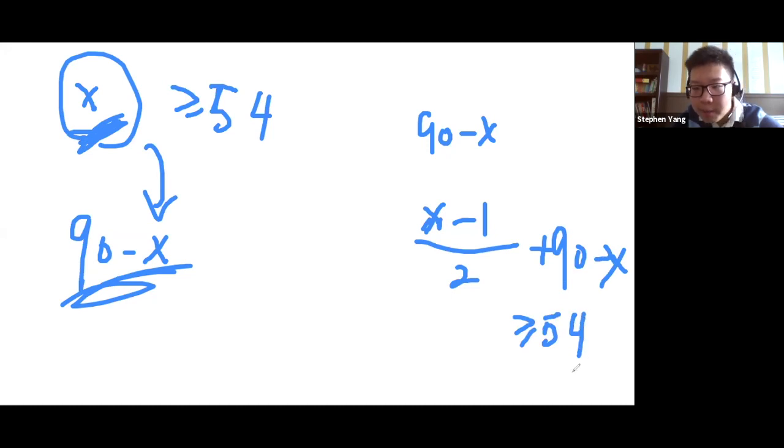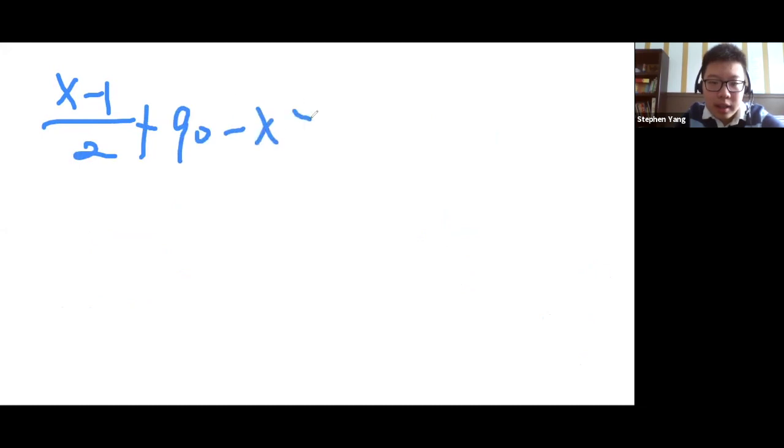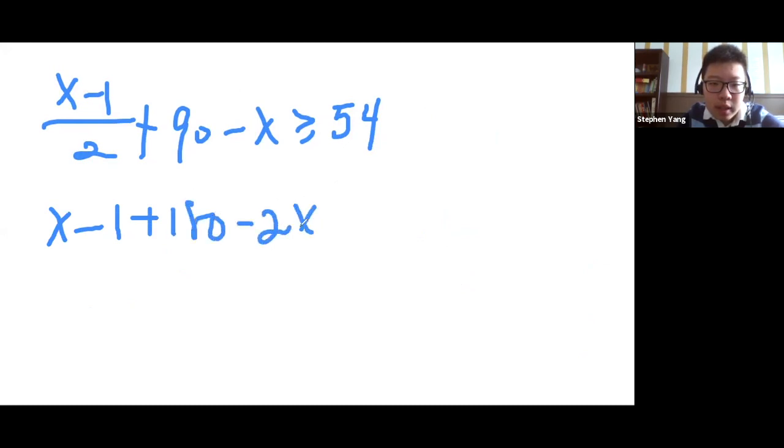The next step would be just solving this inequality. So it'll be (X minus 1) over 2 plus 90 minus X is greater than or equal to 54. Now multiply by 2 on both sides, and we'll have X minus 1 plus 180 minus 2X is greater than or equal to 108.